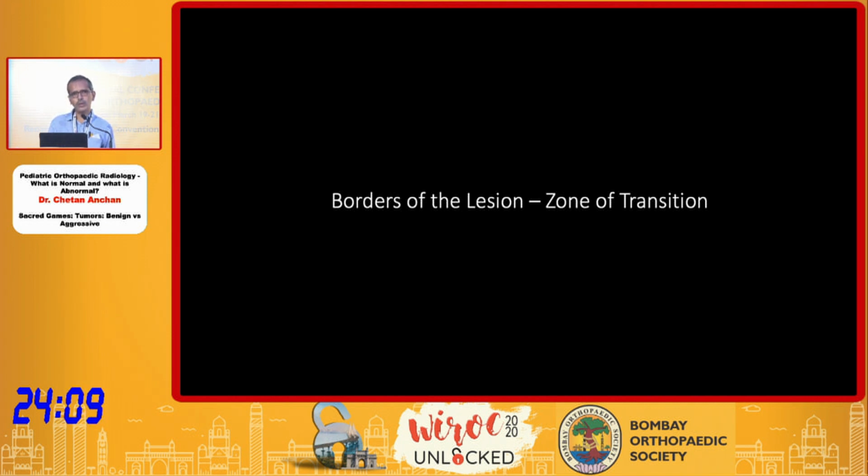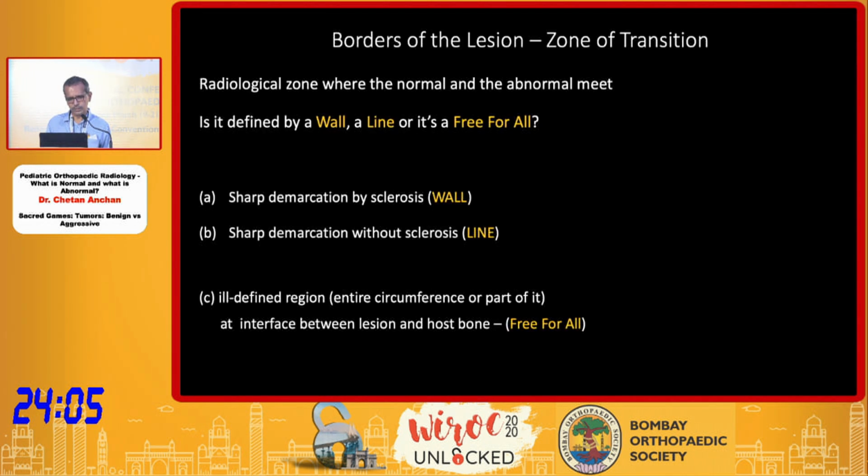Then comes the border of the lesion, that is zone of transition. This is very important in differentiating an aggressive or a malignant disease from a benign condition. So what is the border of the lesion? It is a radiological zone where the normal and the abnormal meet. It can be either a wall or a line or a porous, free for all border. So if there is a sharp demarcation with sclerosis, we call it a wall.